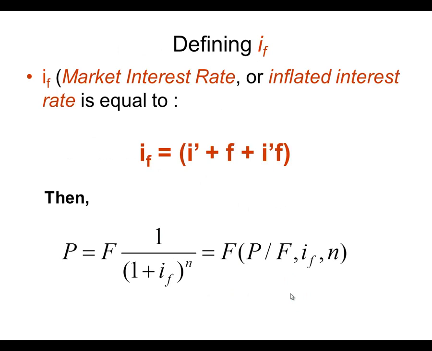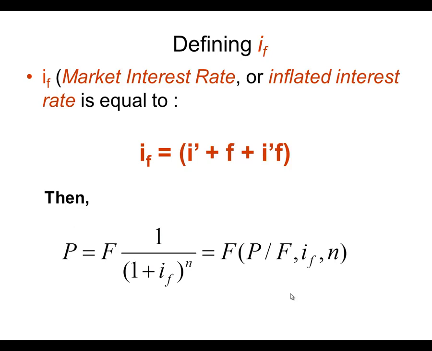So i_f in this case is called the market interest rate or inflated interest rate, which is equal to i prime plus f plus i prime f. Then P will equal F multiplied by 1 divided by (1 plus i_f) to the power n.